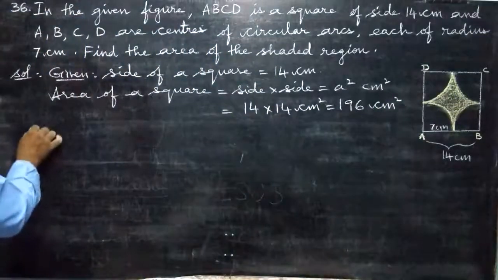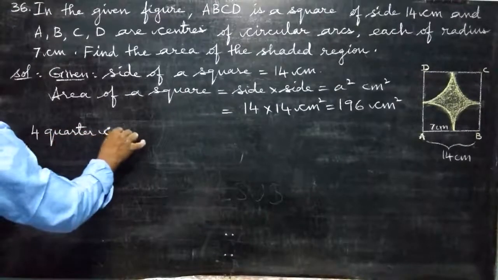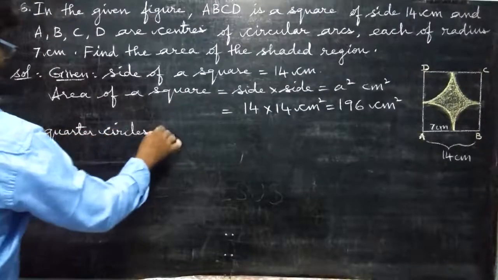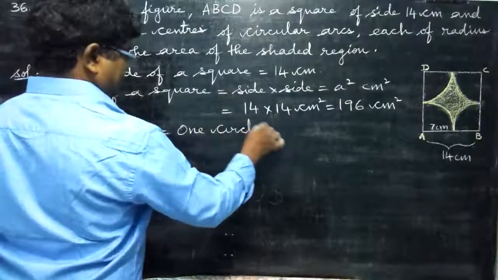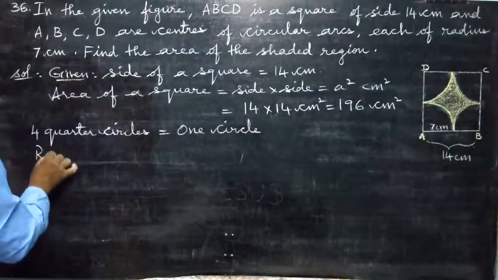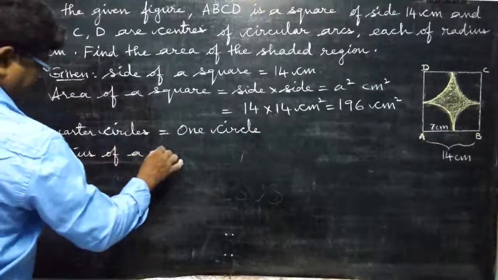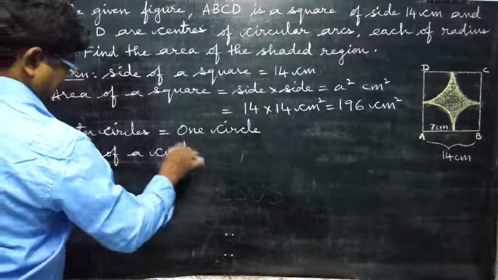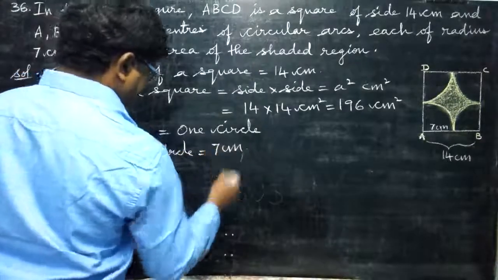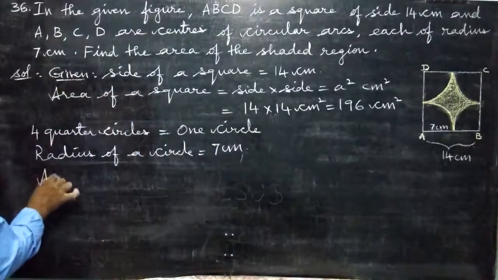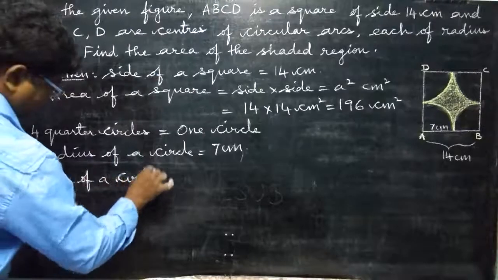Next, 4 quarter circles. This everyone knows. 4 quarter circles is equal to 1 circle. Now, radius of a circle is equal to 7 centimeters. They have given. Next, area of a circle. What is the formula?